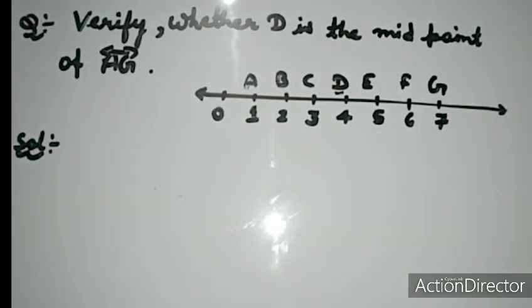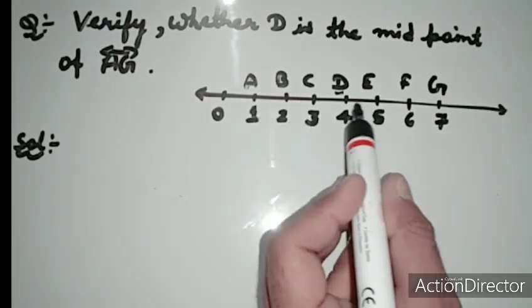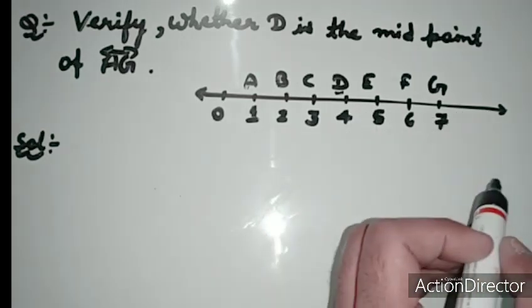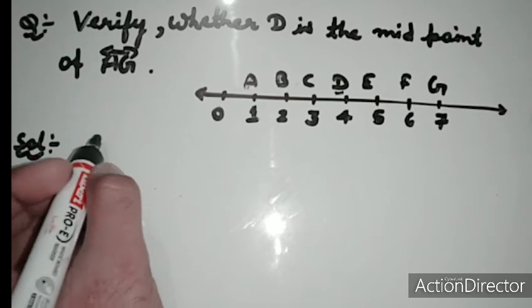So we say that it is clear from the figure AD equal to 3 units and DG equal to 3 units, right? So hence D is the midpoint of line AG.